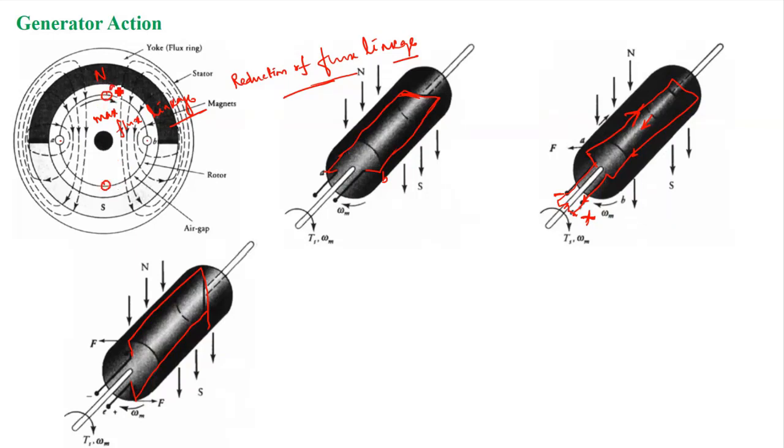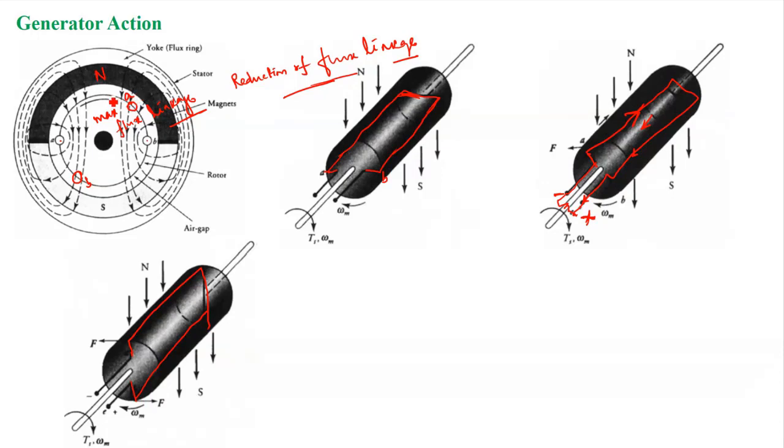So this is your A, this is your B. Now, what is the flux linkage? The flux linkage in the coil is 0, right? So that means when the coil is in the 90-degree position, the flux linkage is 0 completely, right? Again, when it rotates to this position, this will be A and B.